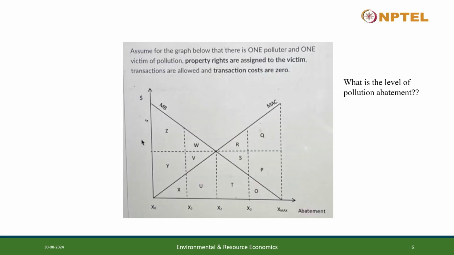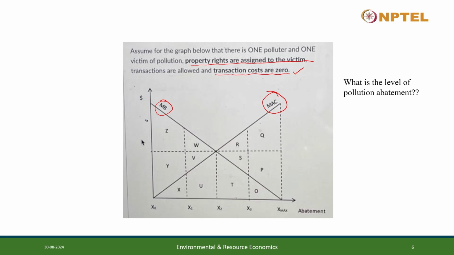Before going forward, we will solve this Coase theorem problem. Here the question is: we are given a polluter's marginal benefit curve and marginal abatement cost curve, and we are given that the property right is with the victim. Based on the Coase theorem, the primary assumption is that there is no transaction cost. So the Coase theorem holds true since the transaction cost is zero.